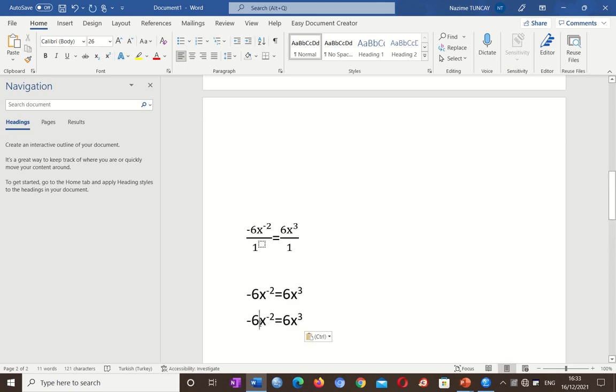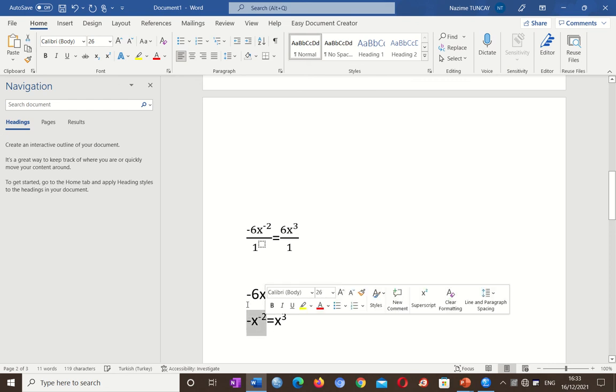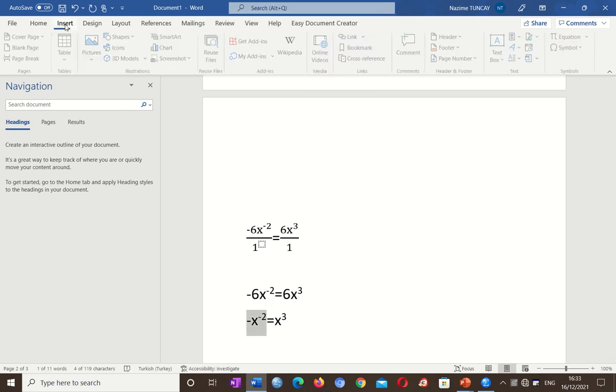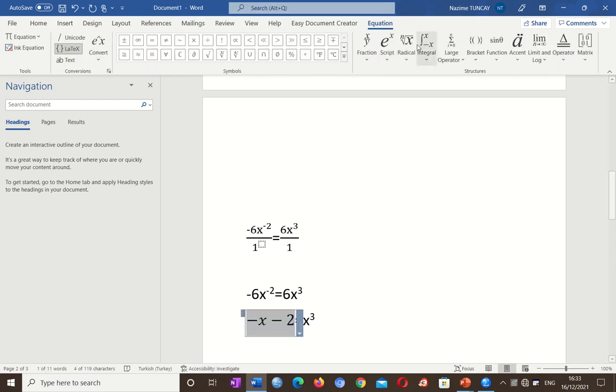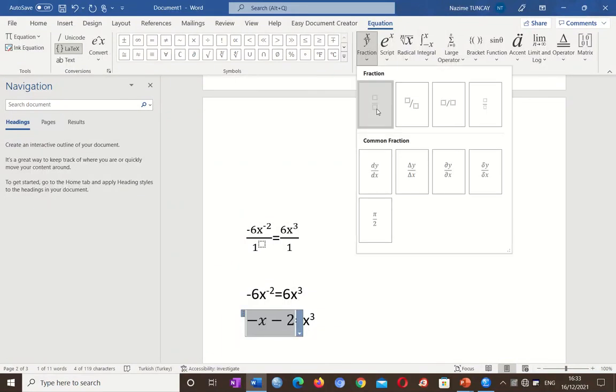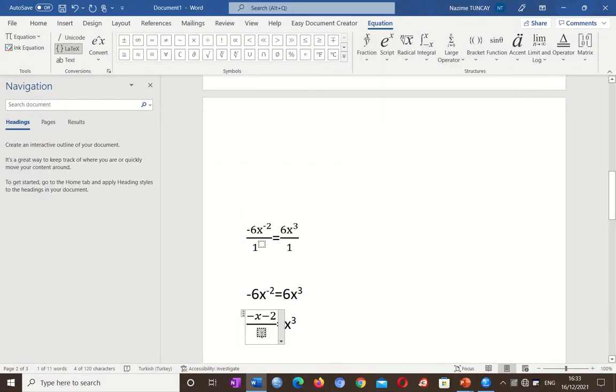This is left, right? Do you agree? Good. Now, I can divide both sides with x to the power 3. I'm going to correct it.